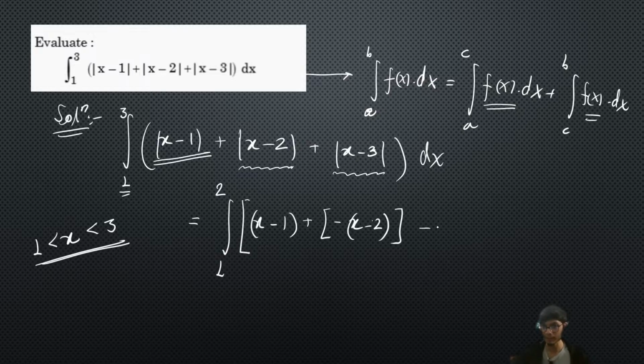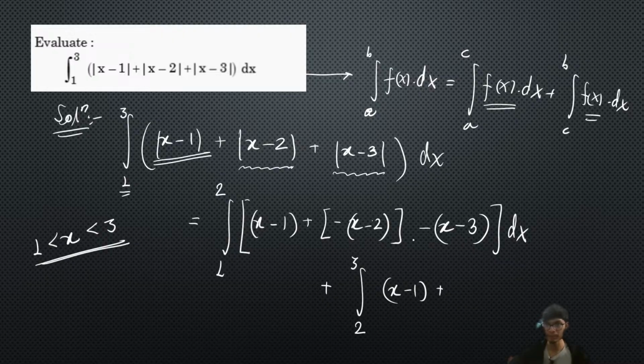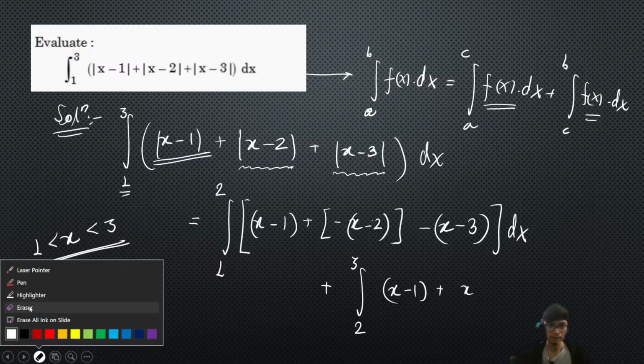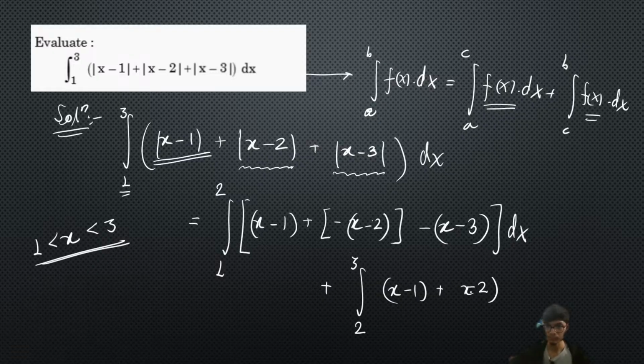This part will also open up in negative, so that is minus of x minus 3, dx. Plus the integral from 2 to 3, where the x minus 2 part will be evaluated as positive, and this part is going to be evaluated in negative.